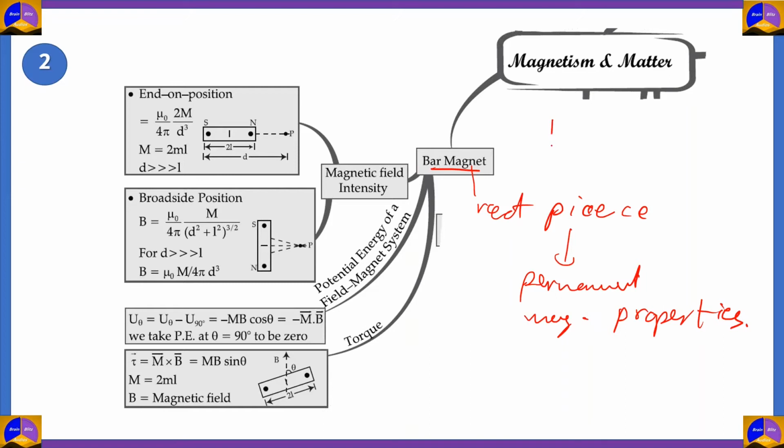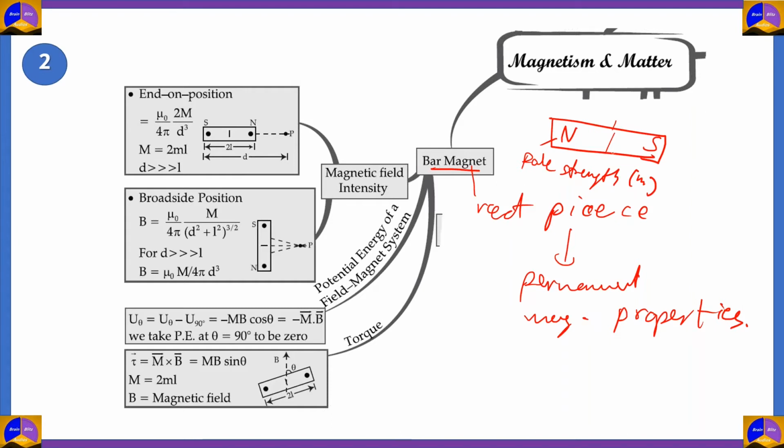Now, a bar magnet is shaped rectangularly, and it has two poles, one north and one south. And each of these has a pole strength, which is represented as small m, but more on that later.